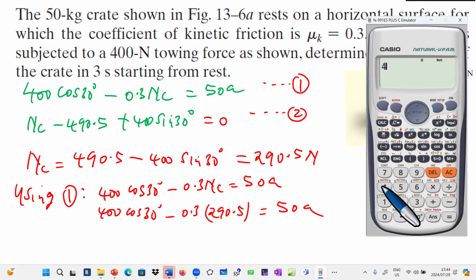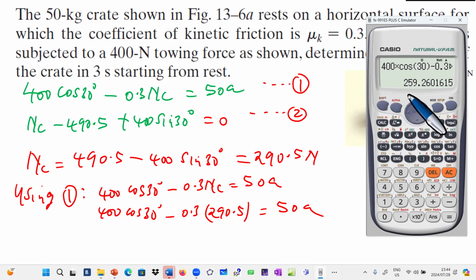So now you then need 400 minus 0.3 times 290.5. Okay, and we're getting this one.